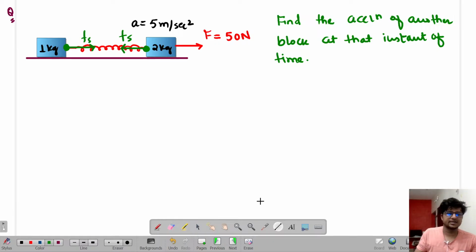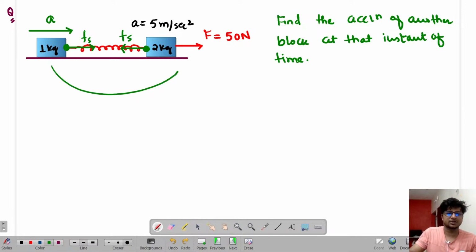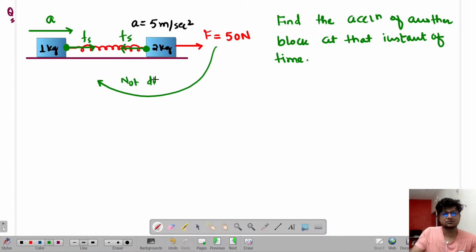So in reality, who is accelerating this 1 kg? Spring force is accelerating. Now why? Because this force is not directly present on the spring. Are you able to get me? Can you get my point or not, guys?